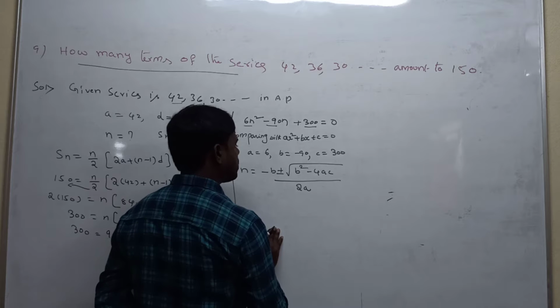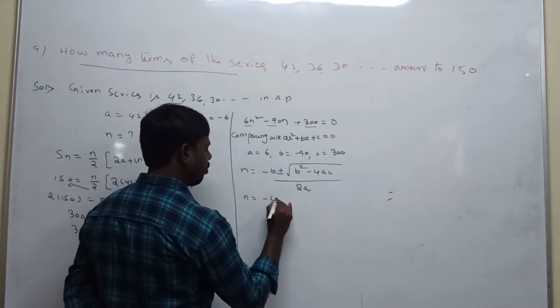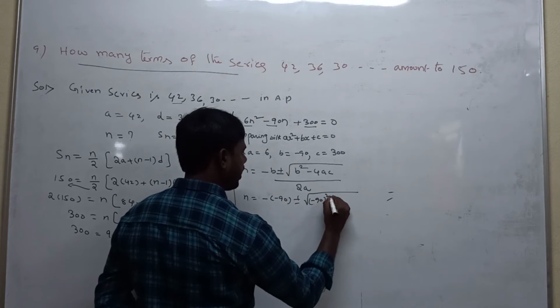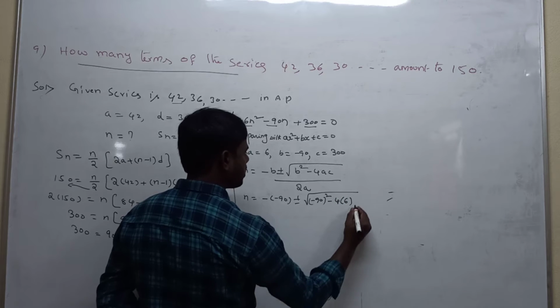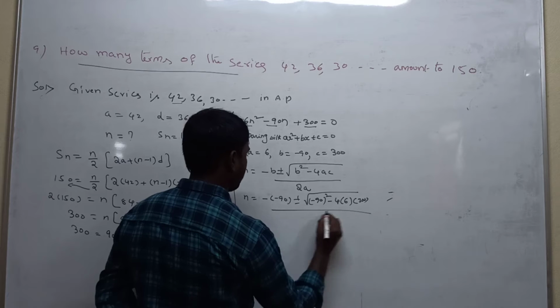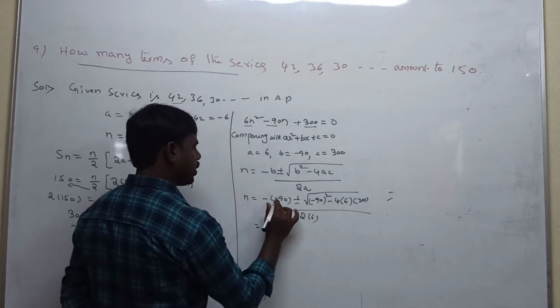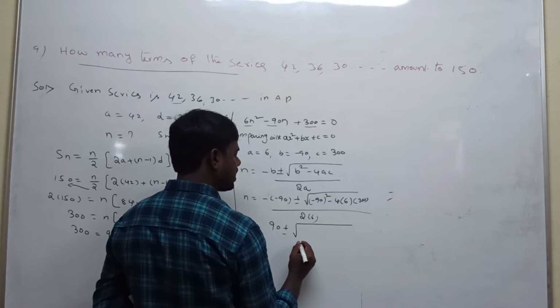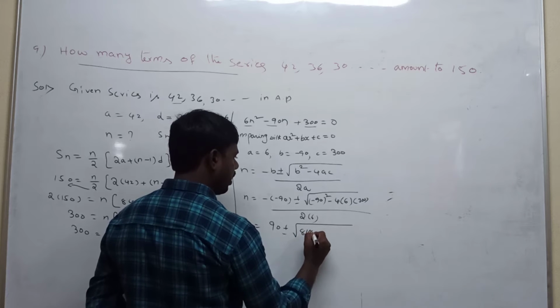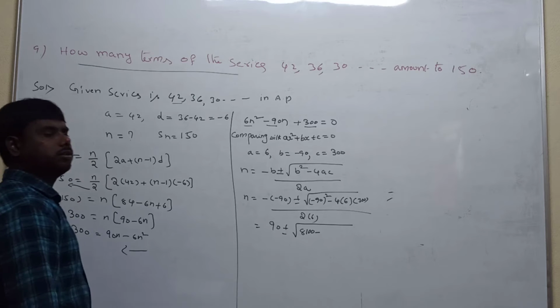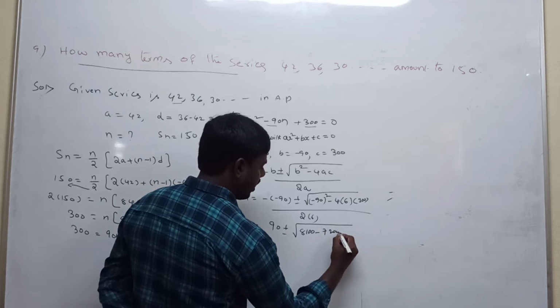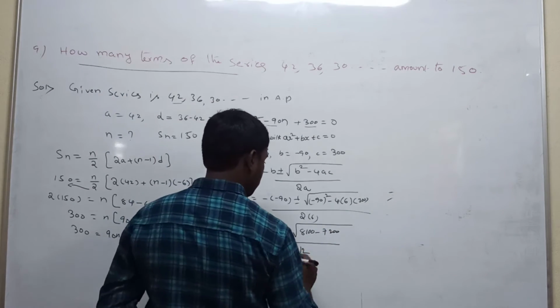Substituting the a, b, c values: minus of b value, minus 90, is positive 90, plus or minus square root of minus 90 whole square minus 4 into a value 6, c value 300, divided by 2 into 6. 2 sixes are 12.